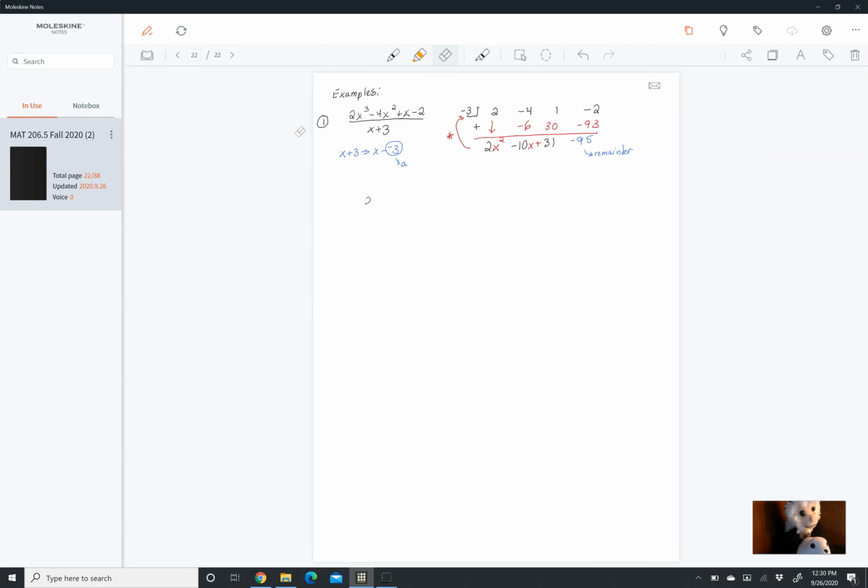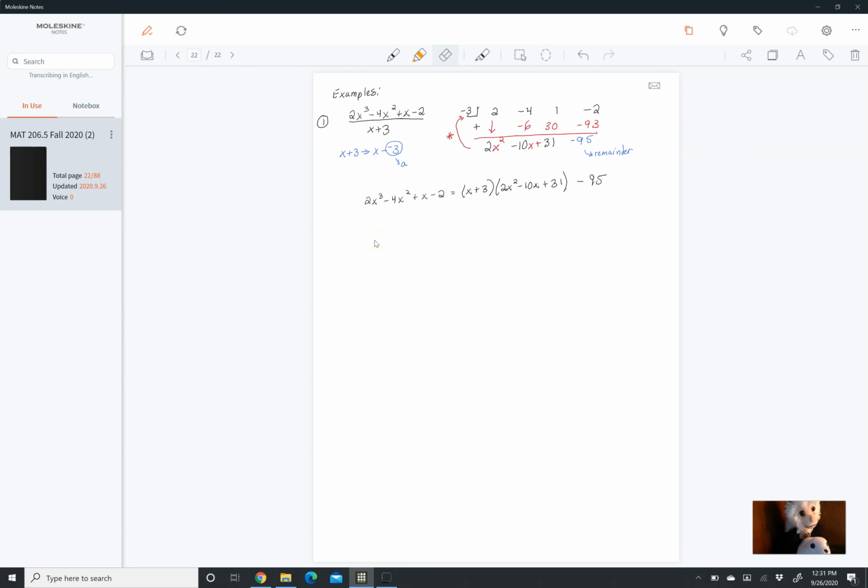It would be 2x cubed minus 4x squared plus x minus 2 is equal to your divisor times your quotient plus your remainder. So if we multiplied these together and then we subtracted 95, this is what we would get.